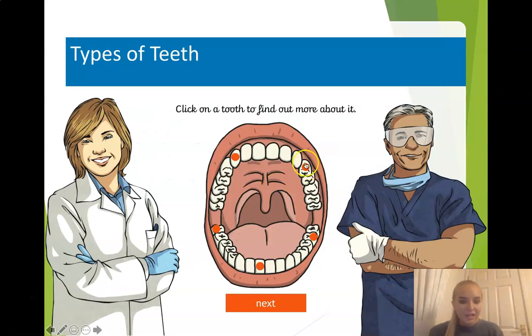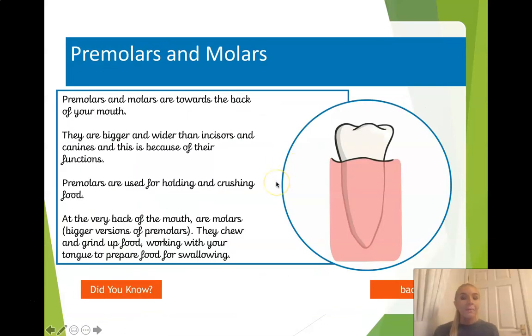Next to the canine tooth, we have this tooth here. This tooth is the same as this tooth, and this tooth, and all of these teeth. This tooth is called the premolar. We have 8 premolars altogether, 2, 2, 2, and 2.